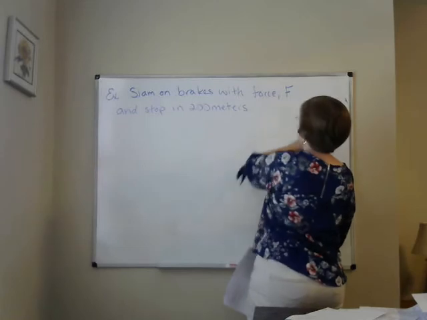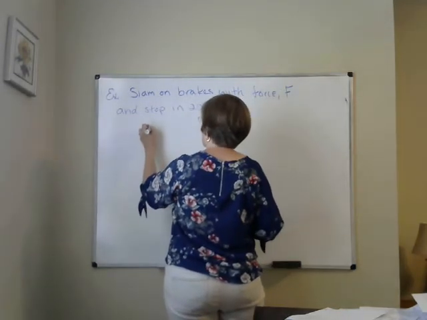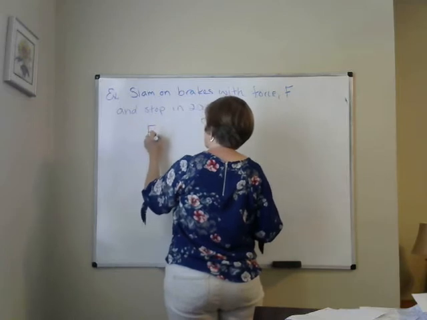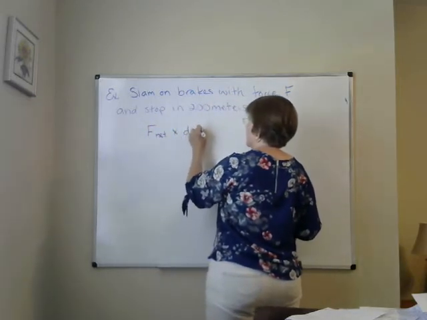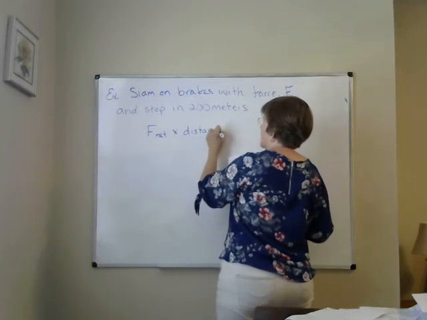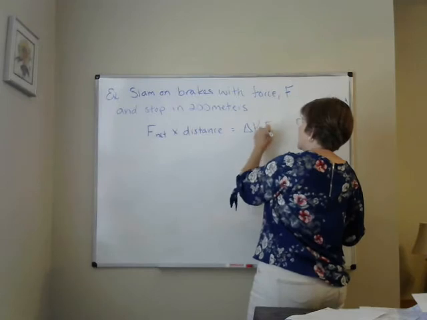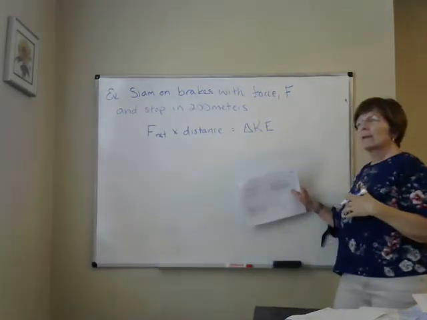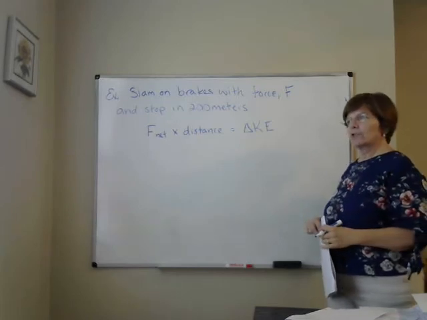If you were going twice as fast, well, we know that the total work, or the net work, force times the distance, is equal to the change in kinetic energy. When we stop, we lose all of our kinetic energy.